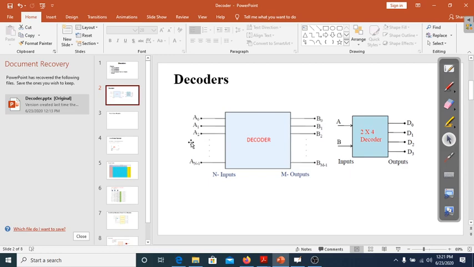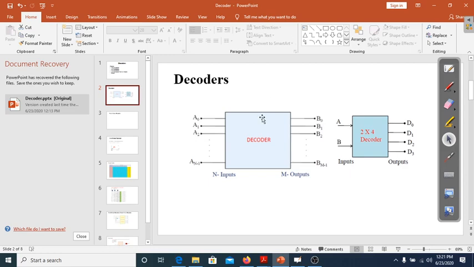You guys know that the digital system only understands discrete quantities in the form of binary codes. So when the binary codes are applied to these decoders, they convert into the signal or output data.